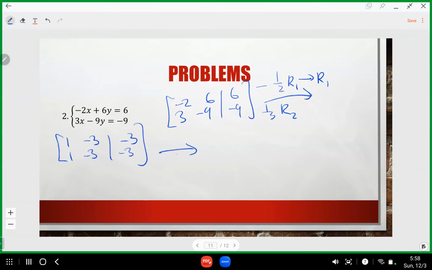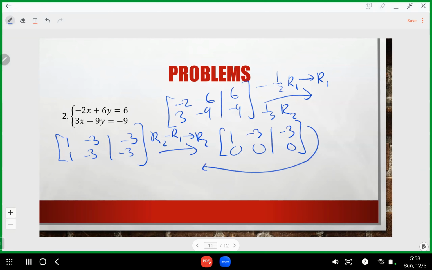Because we can just take R2 minus R1 to R2, and essentially we have 1, -3, -3, and 0, 0, 0. So what we have here is an infinite solution. Let's just take the first row and convert it back to equation form. So x minus 3y is equal to -3.